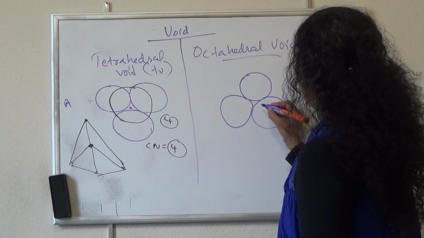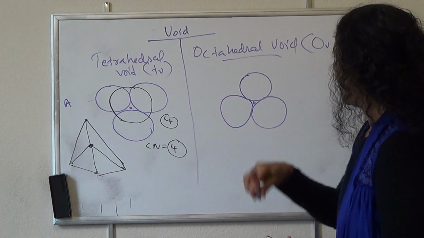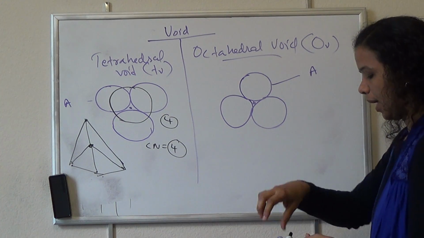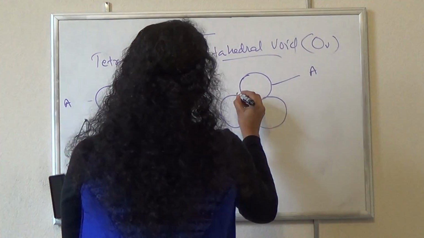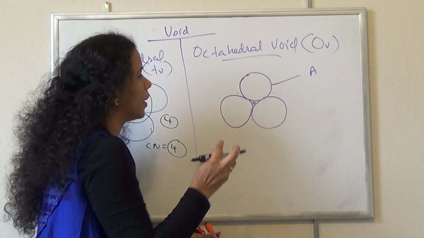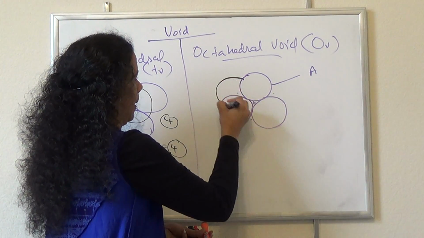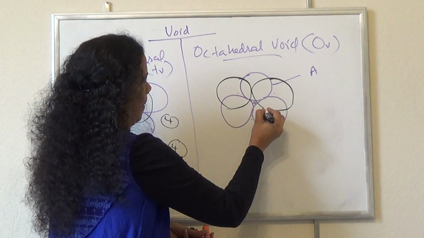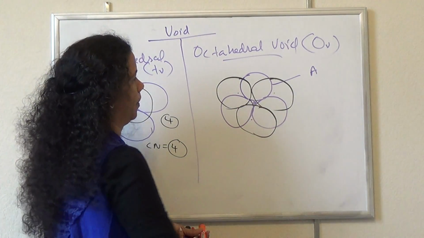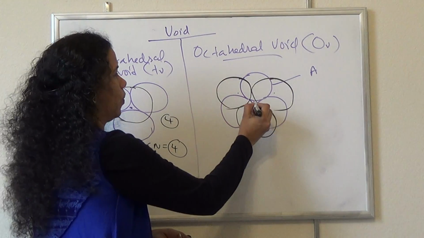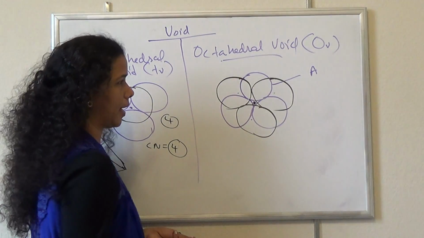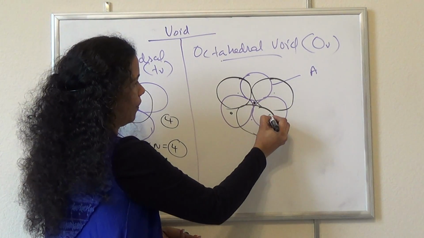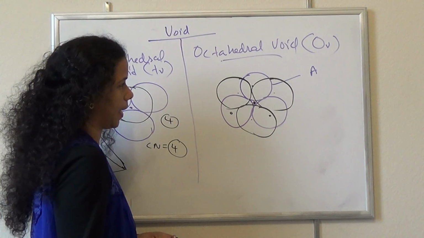This is the shape of B void. This is atoms from the first layer. Then we are placing the second layer on the void A. So this is void, octahedral void. Here 3 atoms from first layer and 3 atoms from second layer.